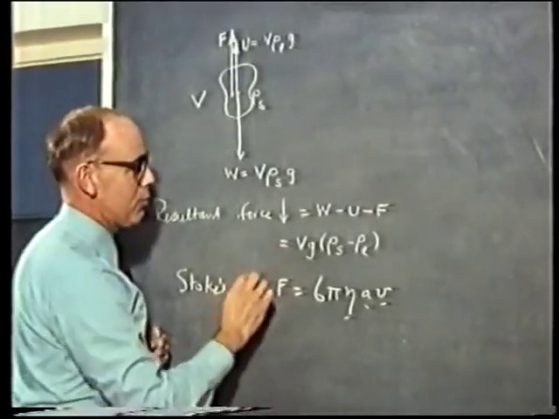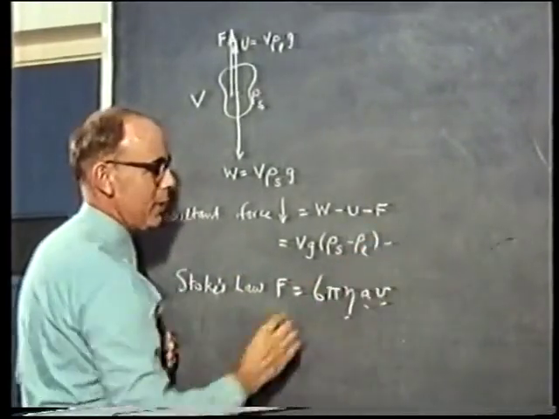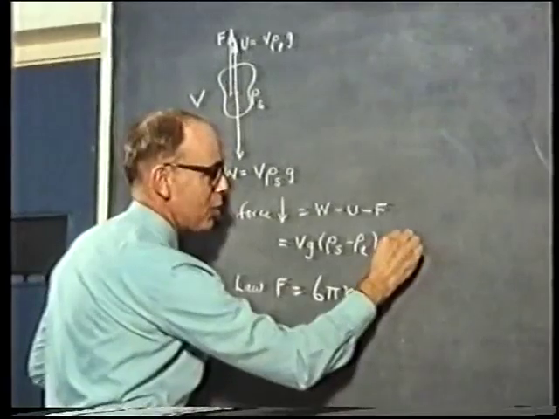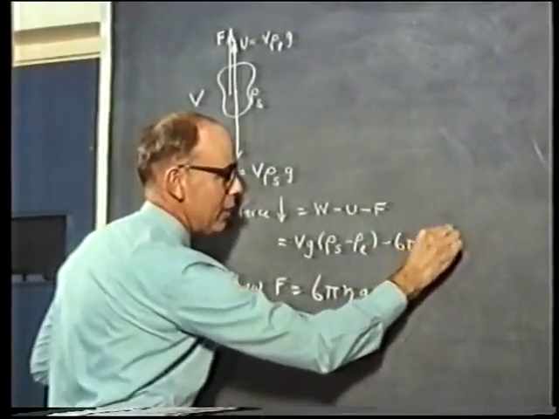And therefore, the net resultant downward force will be that minus 6 pi eta AV.